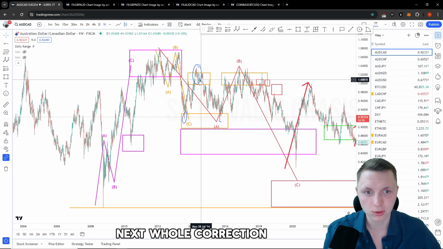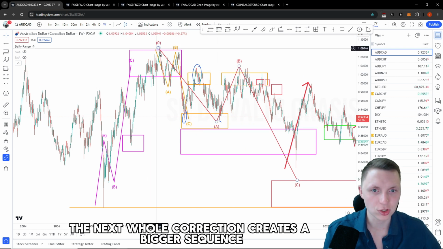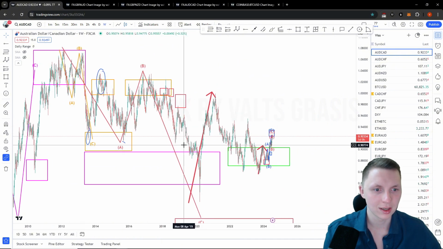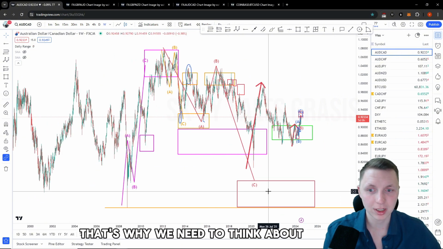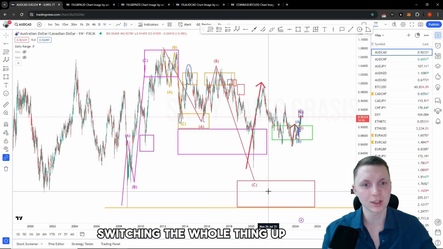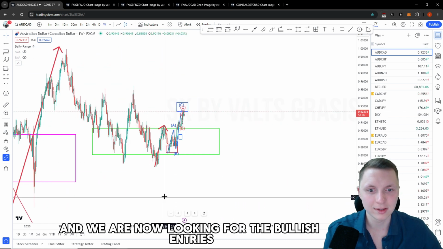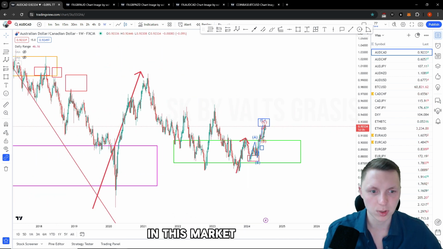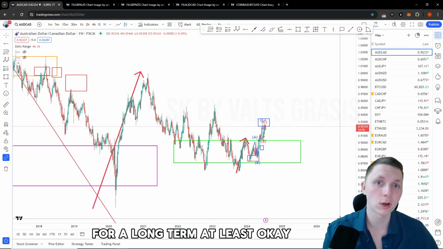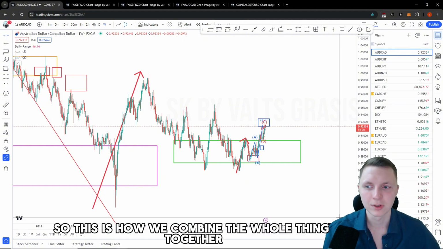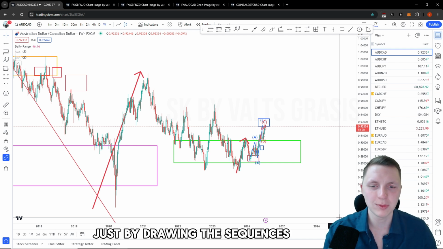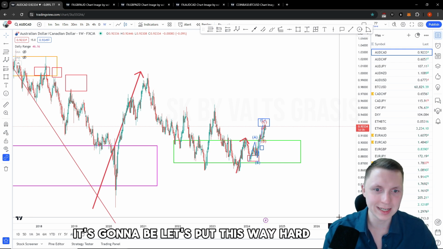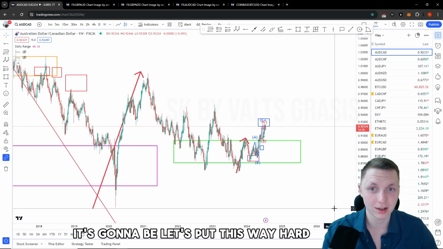Again, the next whole correction creates a bigger sequence. And now we are pretty low in the market. That's why we need to think about switching the whole thing up, and we are now looking for bullish entries in this market for the long term, at least. Okay, so this is how you combine the whole thing together. Just by drawing the sequences, it's going to be, let's put it this way, hard.